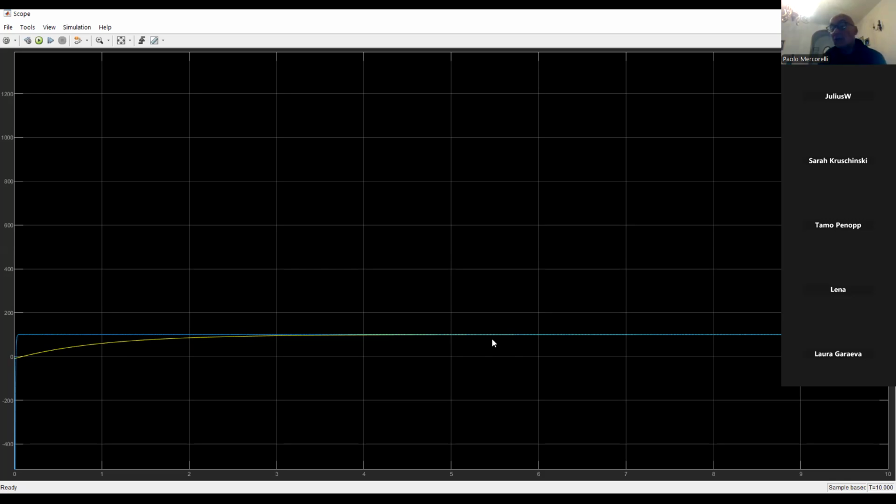Of course, if the initial conditions are the same, I assume that I know the system perfectly, and I don't see differences between x1, x2 in the real system and x2 observed. But it never happens that the initial condition is the same. And it never happens that I know everything of the system.